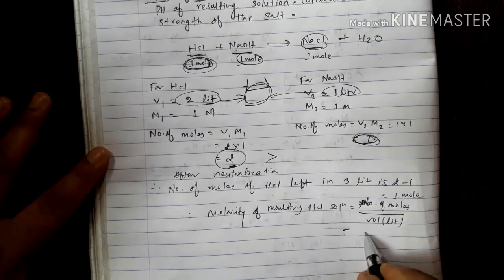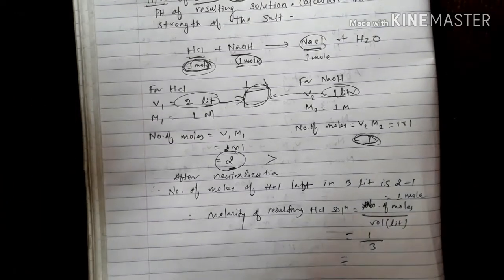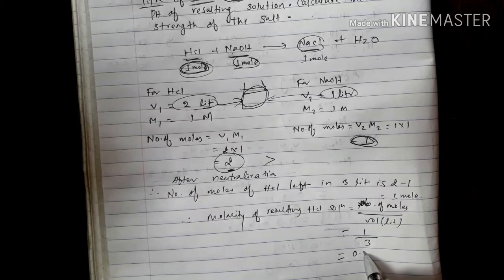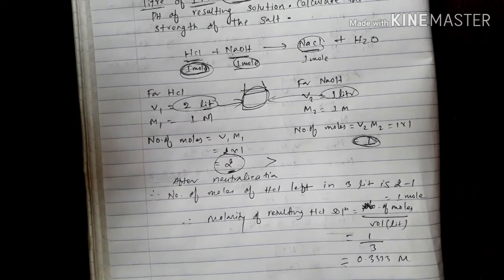Number of moles is 1, volume is 3. The molarity will be 0.3333 molar.